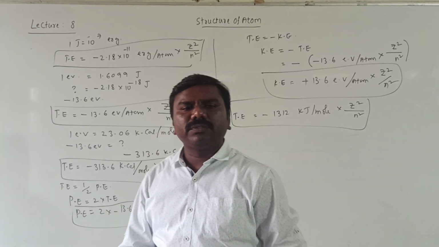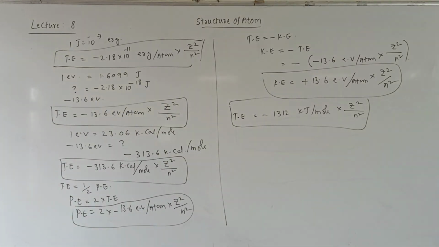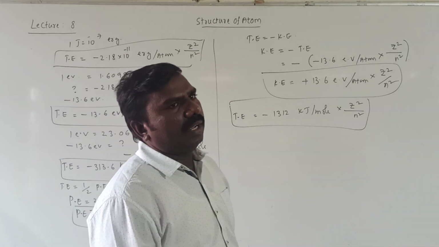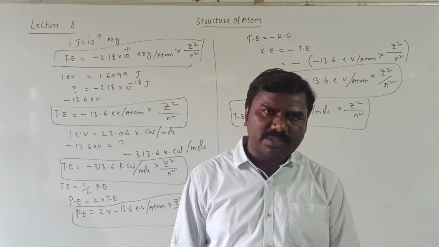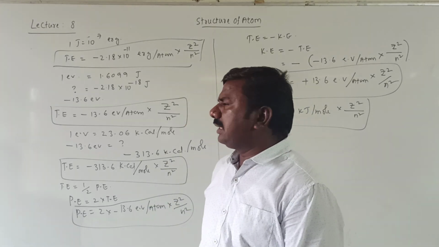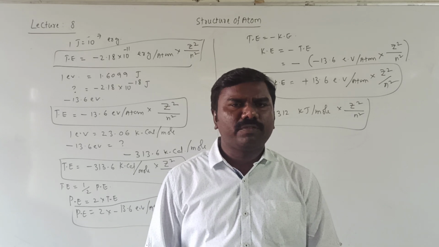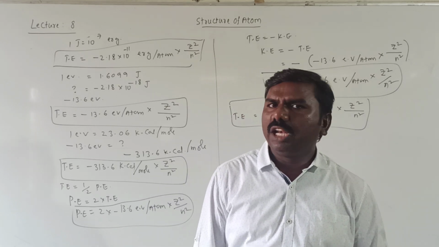That's why follow all these formulas for the energy of electron in different orbits. So this is about the energy of electron and radius of orbit. In our next video, we will continue this topic.